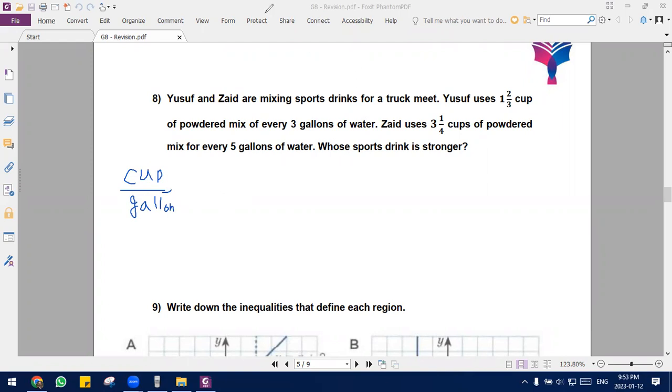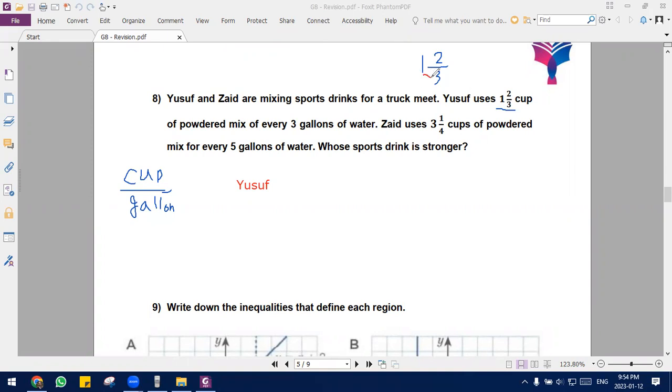Let me do that first for Yusuf. So we have here 1 and 2 over 3. For this one, I need to turn it to an improper fraction, since this is a mixed number. How?